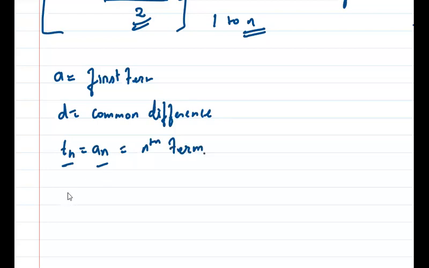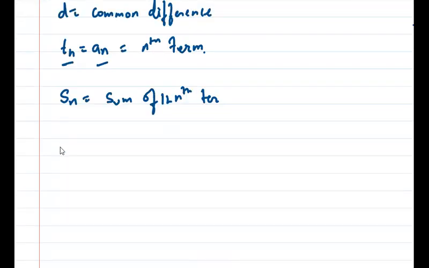Then we have to find what? We have to find Sn. Sn is the sum of n terms, 1 to nth term, which means, think about it, the sum. So Sn is equal to a1 plus a2 plus a3 plus a4 plus ... an.